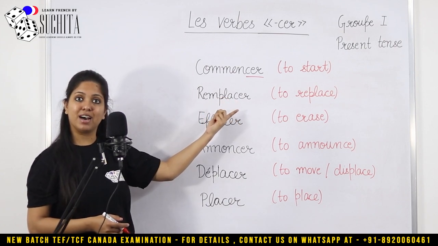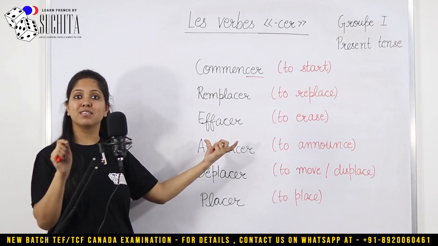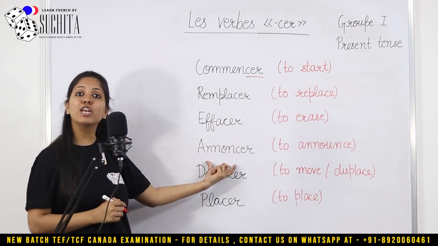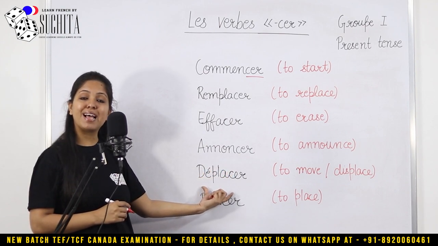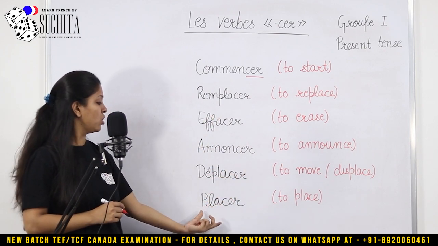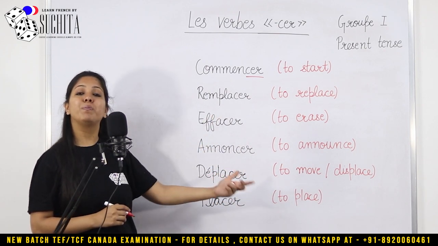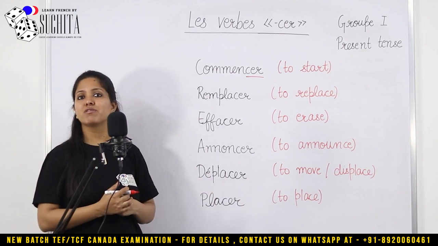Remplacer, again CER, to replace. Effacer, to erase, to rub. Annoncer, to announce. Déplacer, to move or to displace something. Placer, to place. These are just a few CER verbs that I've written. You have many more CER verbs.